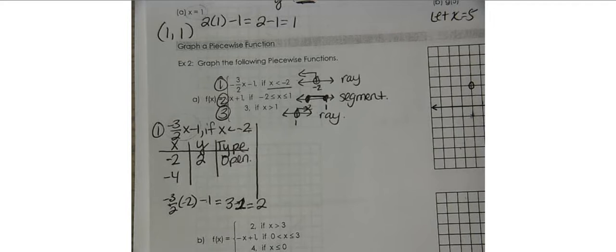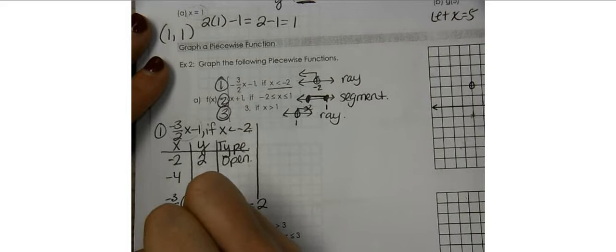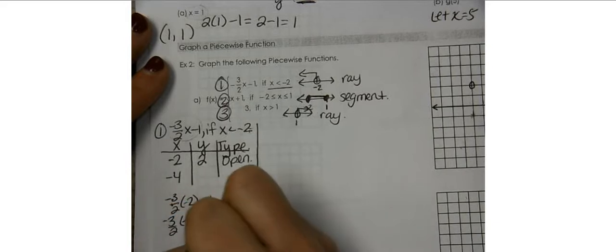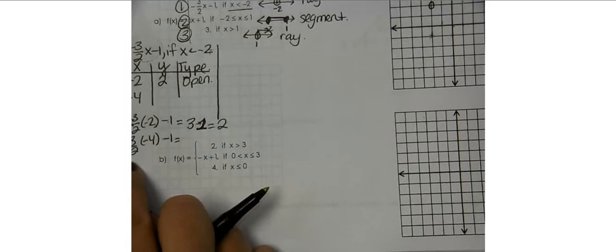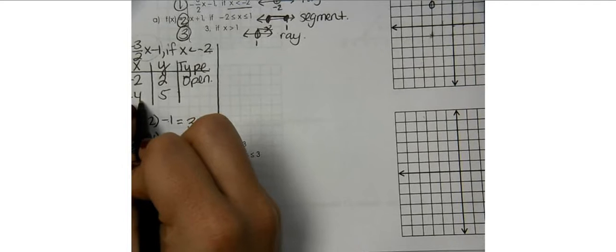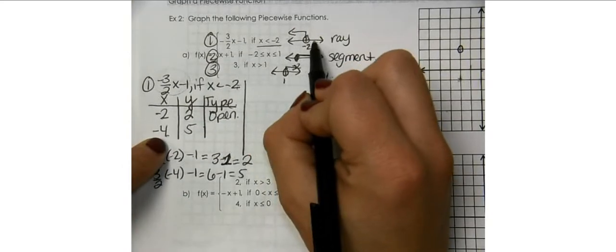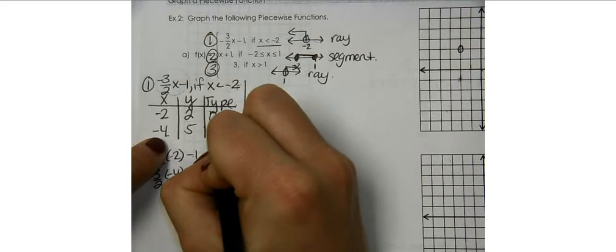So this is just a trick. So I'm going to write negative 3 halves times negative 4 minus 1. So negative 3 halves times negative 4, that is going to be equal to 6. And 6 minus 1 is equal to 5. Now because negative 4 is part of our shaded region in our number line, we're going to actually have a closed circle.